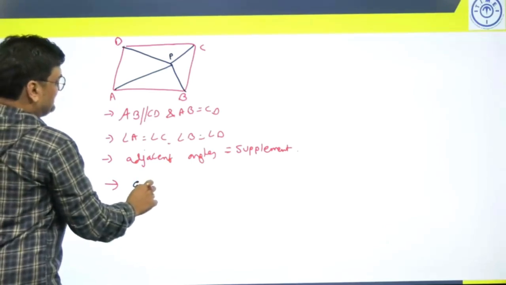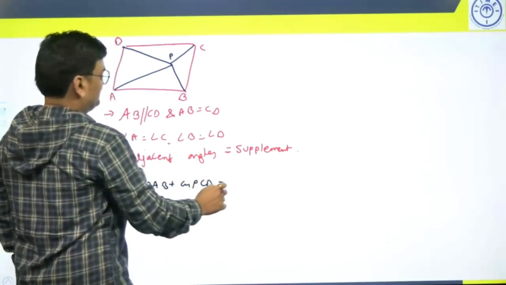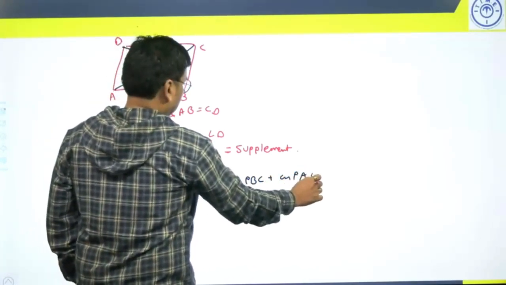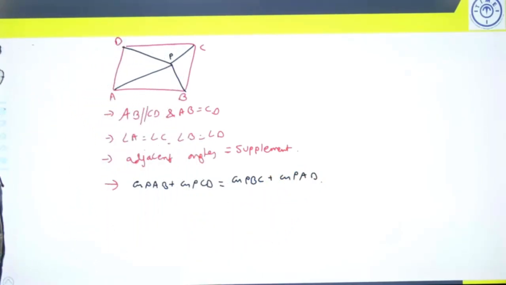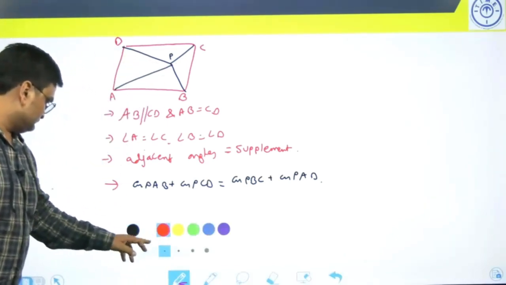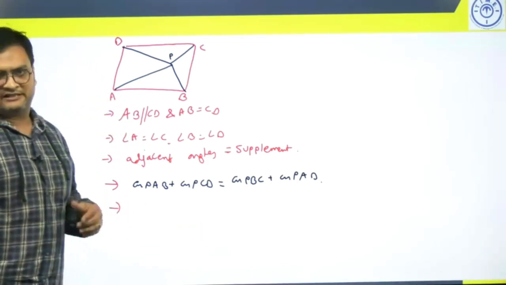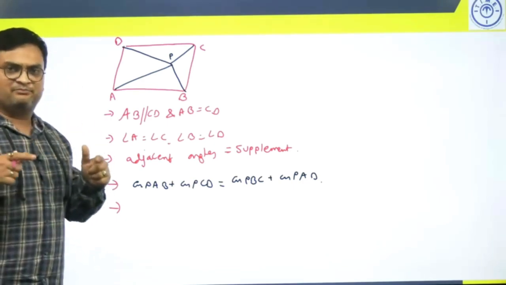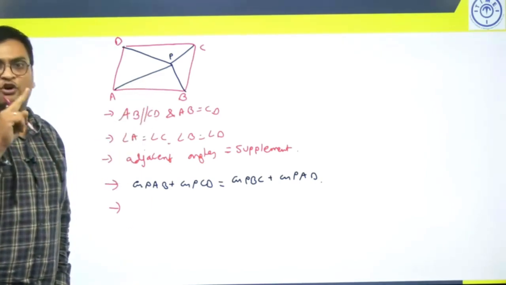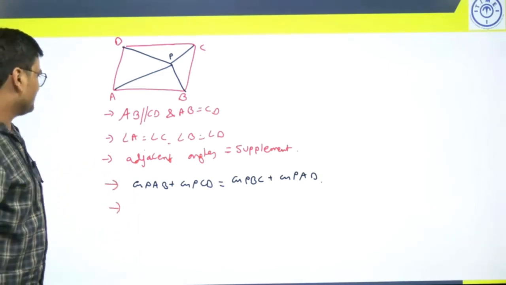So area of PAB plus area of PCD will be equal to area of PBC plus area of PAD. The sum of these two will be equal to the sum of these two. Each diagonal in the parallelogram divides it into two congruent, identical triangles. I am not writing it down, just saying it orally.